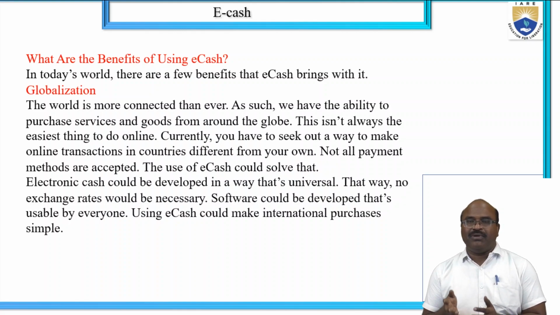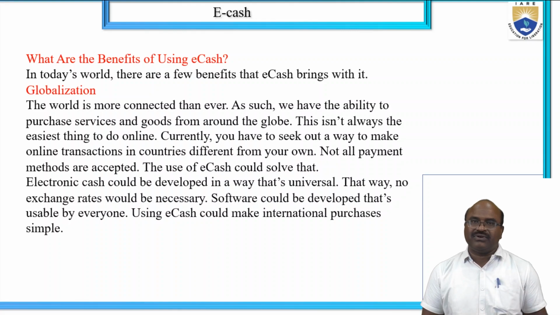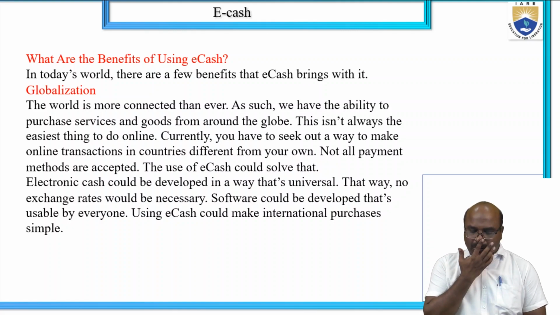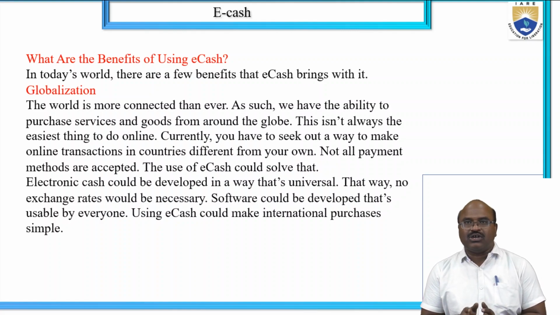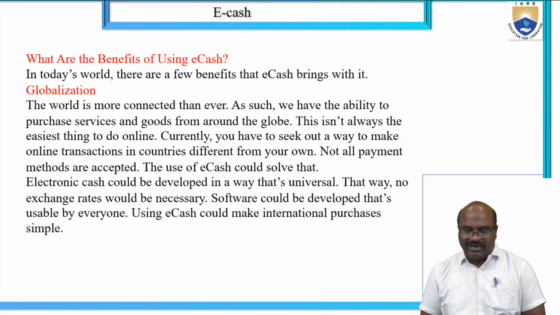Based on the currency, an equivalent value is given. The Australian currency is different from the American, the euro is different from the rupee. But eCash should be equivalent. For example, $1 should convert to about 8 rupees, depending upon the market rate. eCash should solve that.